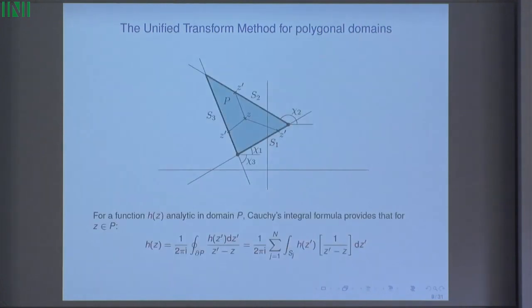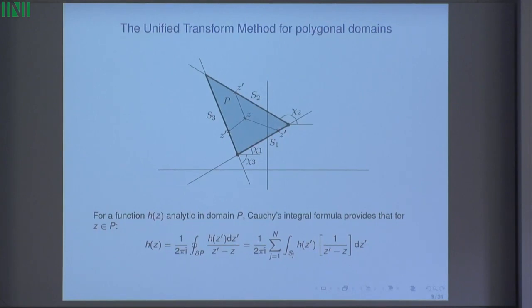So if I'm given a polygonal domain, like a triangle, suppose that we have an analytic function in the interior of this triangle. Then we have the Cauchy integral formula.